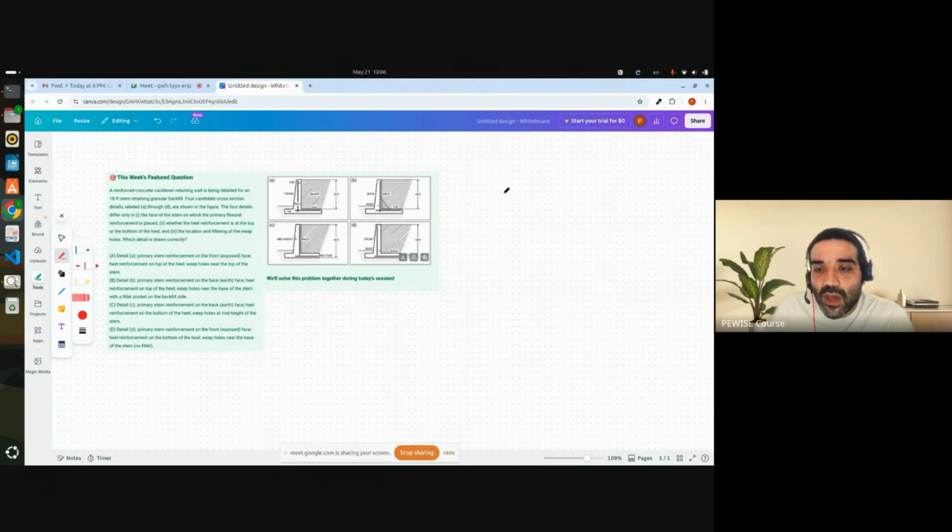So if you have a section and it experiences a moment in this way, it will deform, the top will get shorter and the bottom will get longer. Concrete is good at compression, but it cracks under tension. And to not lose strength, we put reinforcement where we have tension.